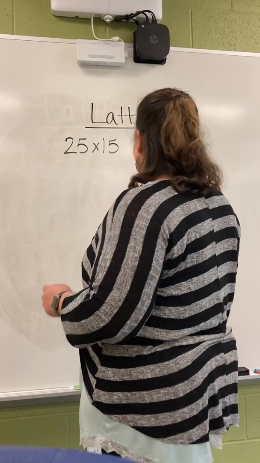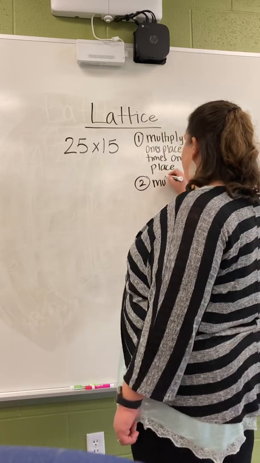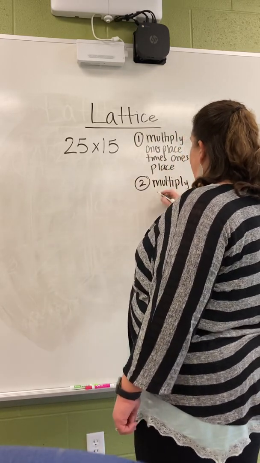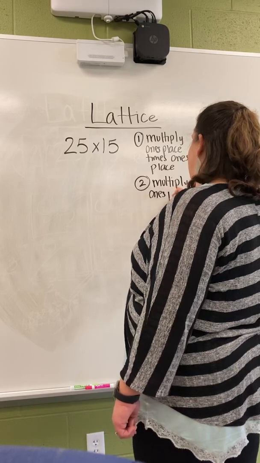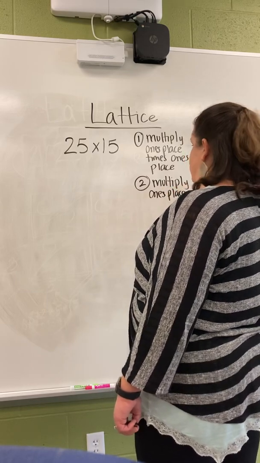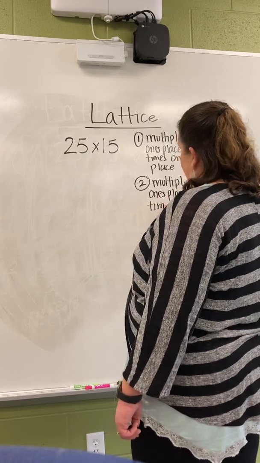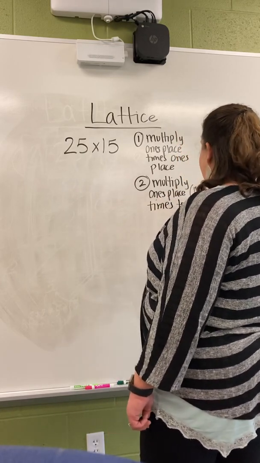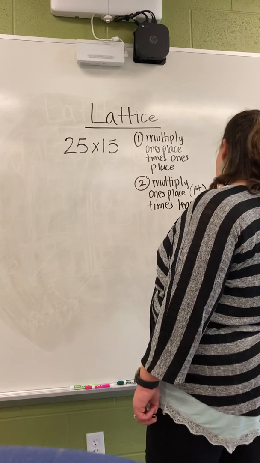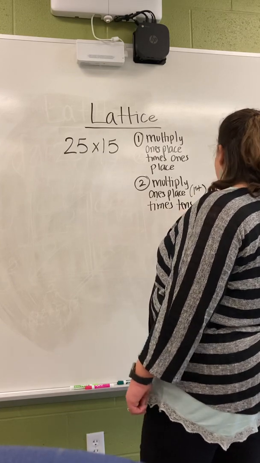Second, you're going to multiply the ones place of the first number times the tens place of the second number.